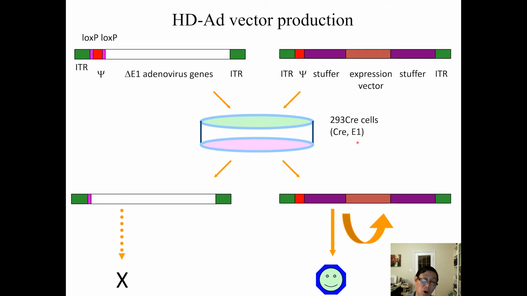The E1 will complement the first generation helper virus, so you can make all the proteins needed for viral replication and packaging. The Cre protein produced will cleave the packaging signal. Therefore, at the end, when you produce the vector, you only produce the helper-dependent adenoviral vector, so you don't package the helper virus.